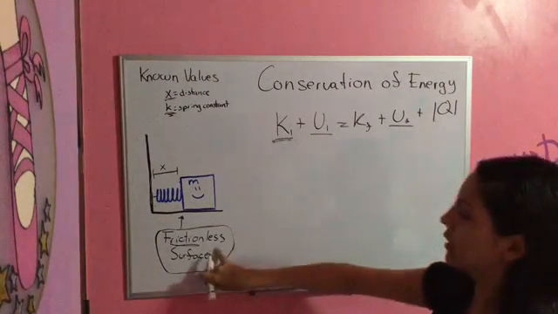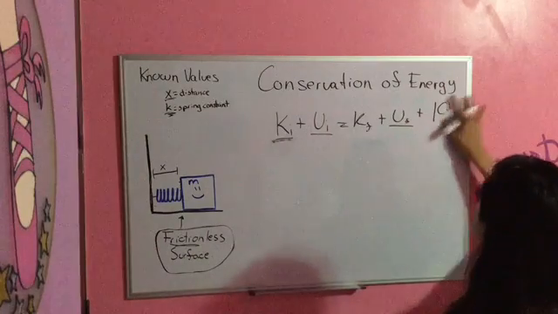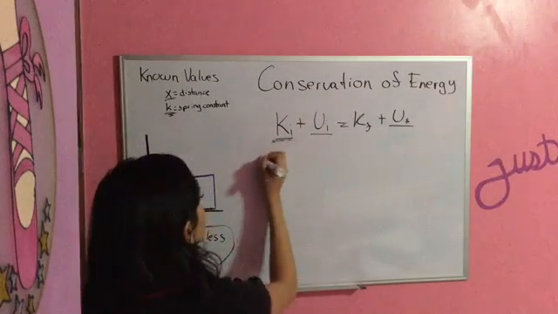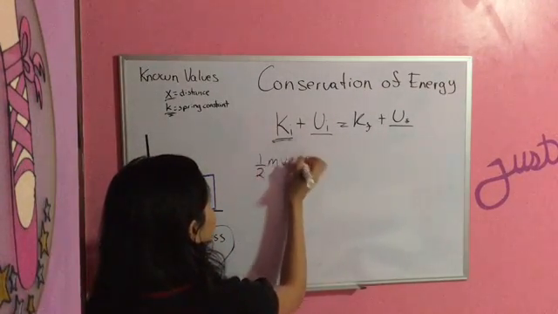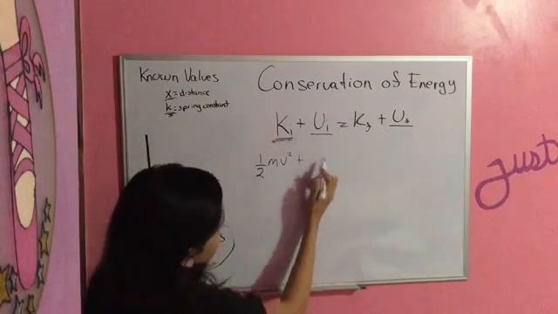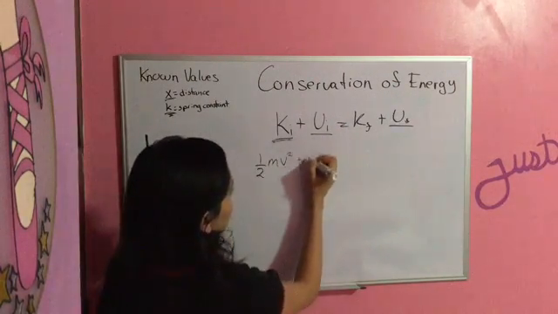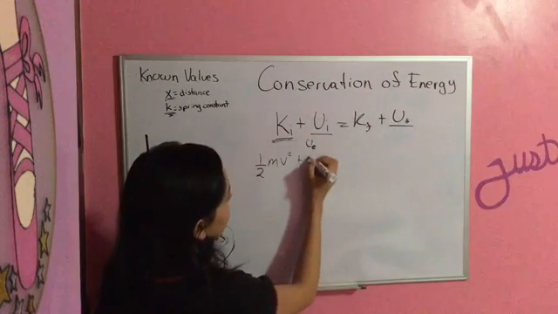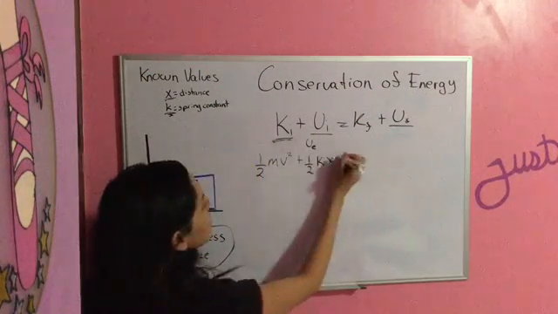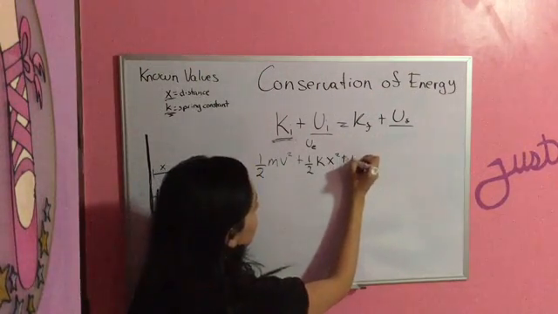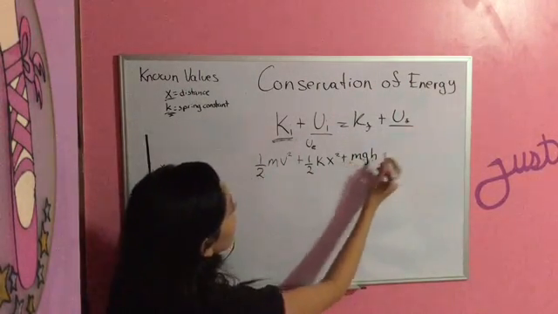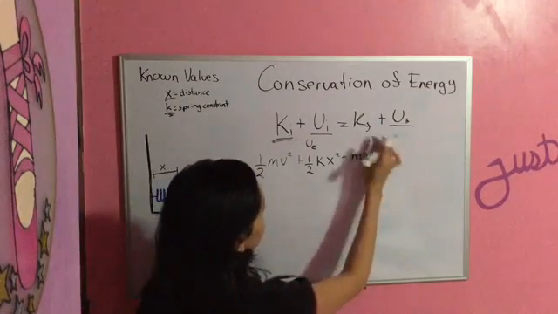But as it's said, it's a frictionless surface, so there is no Q. Well, this means that one half of the mass times the velocity squared plus the elastic potential energy, one half of the spring constant times the distance squared, plus mgh, the mass times the gravity times the height, equals the final potential energy.